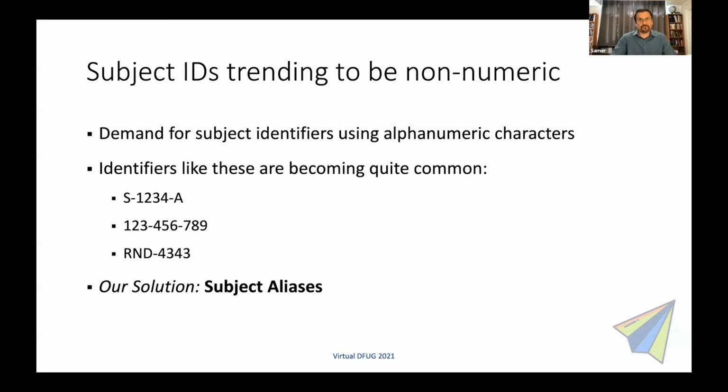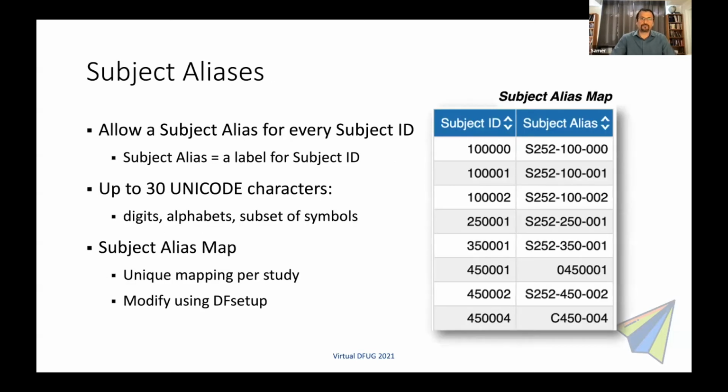So DFdiscover users with our new solution are able to define alphanumeric subject aliases that are mapped to existing numeric subject IDs. Each numeric subject ID can be assigned a unique subject alias, which can be composed of up to 30 Unicode characters.